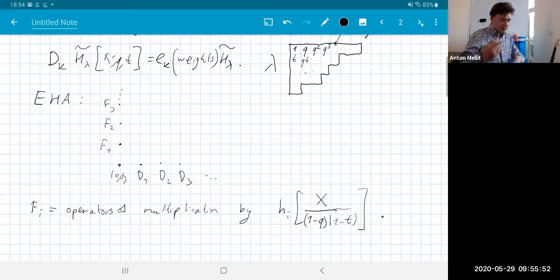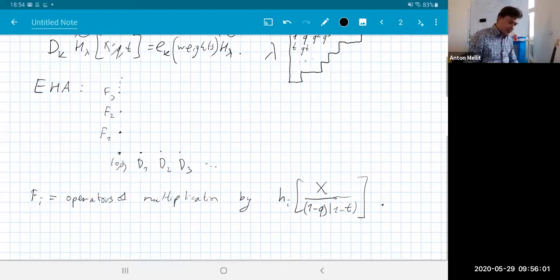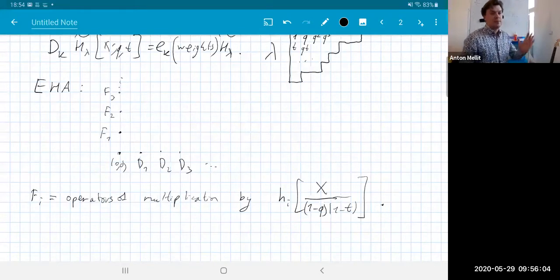You can do different versions with plethysms and then obtain something simpler here, but then something more difficult appears on the other side.